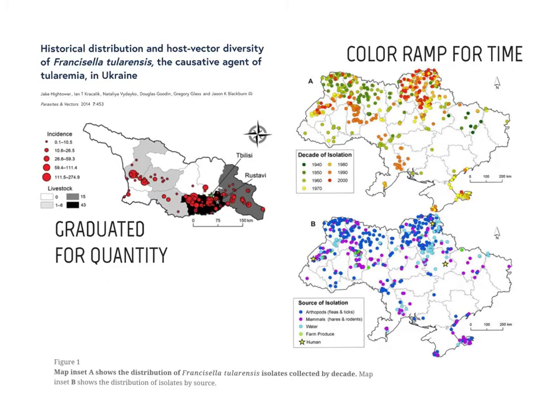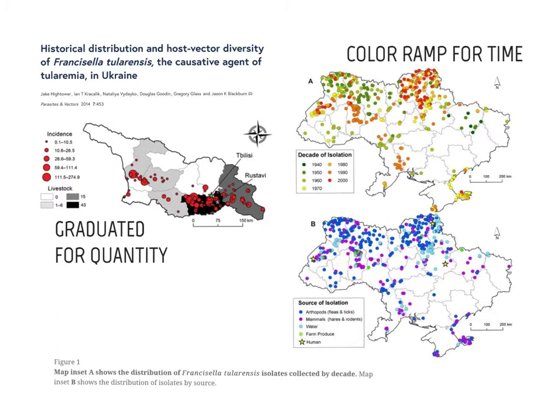So in this case, we've used a color ramp for time on these individual point locations in Ukraine, and we've used graduated symbols for increasing quantity or higher or lower quantities at different locations.